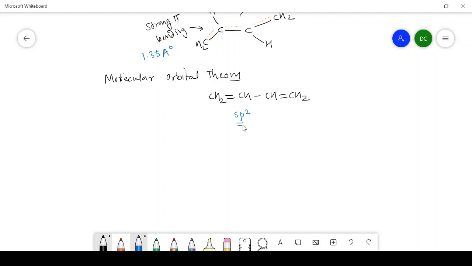Which hybridization state? Sp2 hybridization state. And due to the sp2 hybridization, it forms 3 sp2 hybrid orbitals and one unhybridized p orbital.